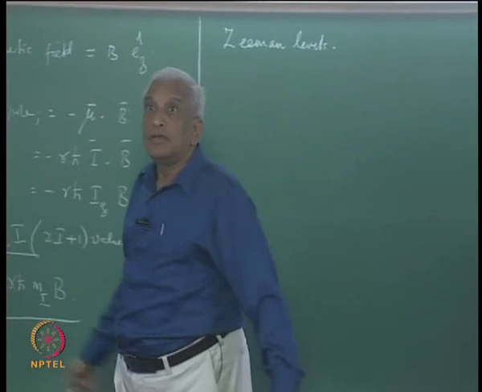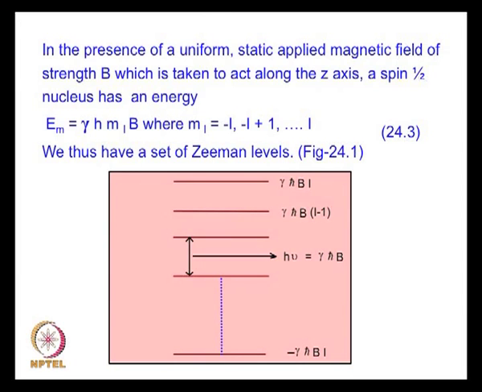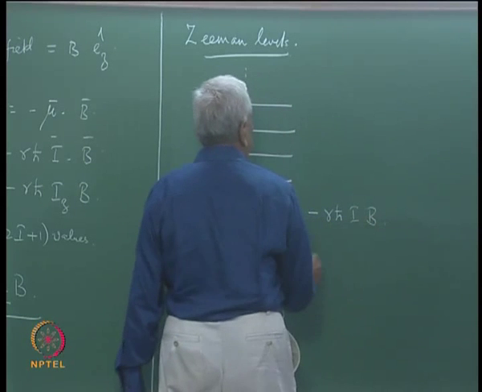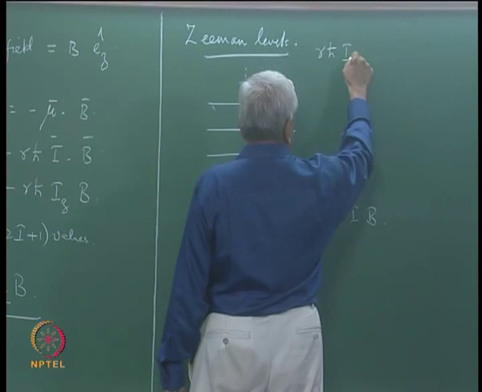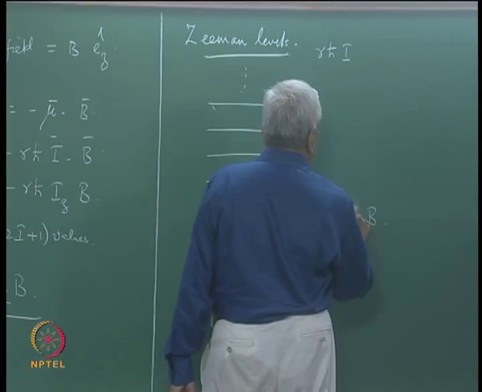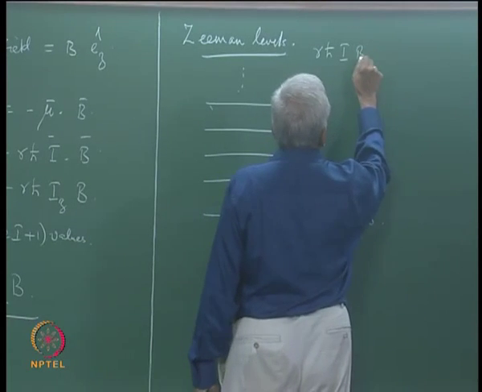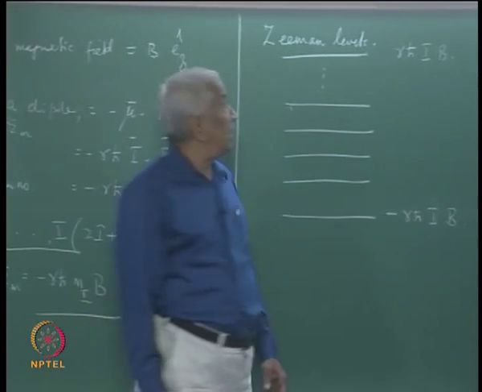which are shown in the figure. Now, the Zeeman levels are equally spaced. So, this goes from minus gamma h cross I B to plus gamma h cross I B, 2I plus 1 levels.